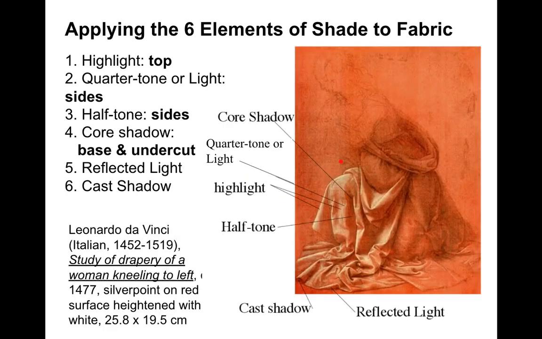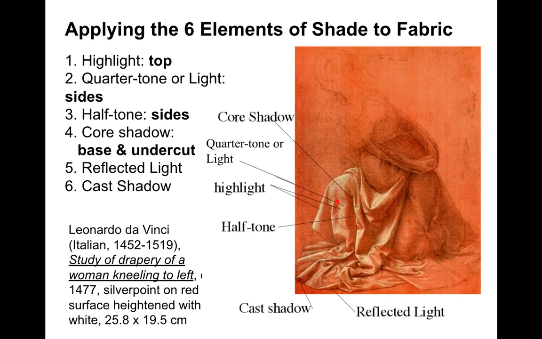Here is another example showing Leonardo da Vinci, and you can see those elements once again. The highlight or the top of the fabric here is the lightest point, and the core shadow is in here, which is a half tone. And then you can see, which is either a side or a base, depending, I think it's a base because it's on a person's leg.